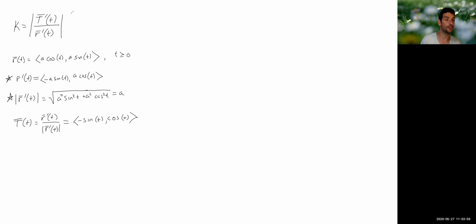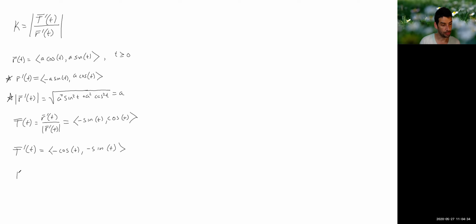We also need now T prime. So let's take that derivative. T prime of t is equal to (-cos t, -sin t). So let's see if I've got everything I need. Sorry, I was forgetting one step. I need to take the magnitude of T prime over the magnitude of r prime.